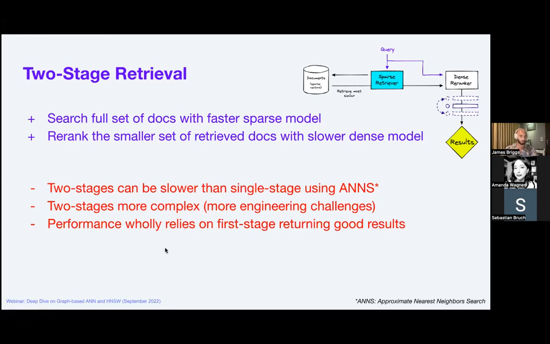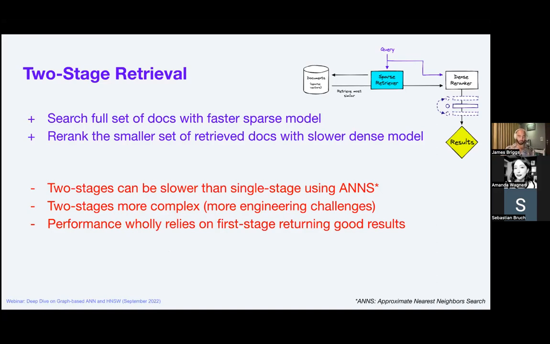And two stages can be more complex. So there's obviously going to be more engineering challenges. And performance entirely relies on the first stage returning good results. So, if you are wanting to search based on meaning and get good results, it can get you there, possibly, but you're relying on that meaningful result being returned through a sparse retriever, which is not searching based on meaning, it's searching based purely on term matching.